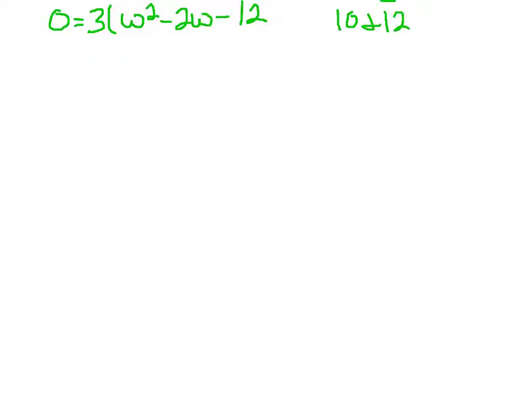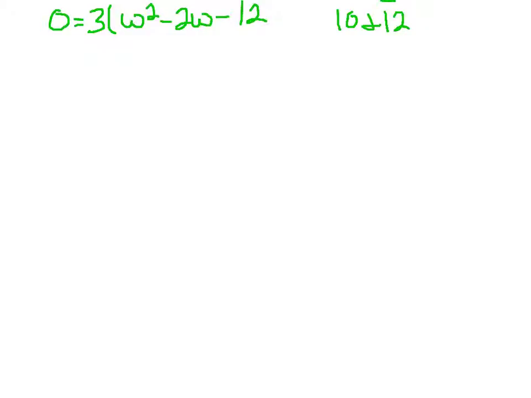So we have our equation, and it's 0 equals 3 times W squared minus 2W minus 120. And we already figured out the two numbers, which are 10 and 12, with the 12 being a negative.